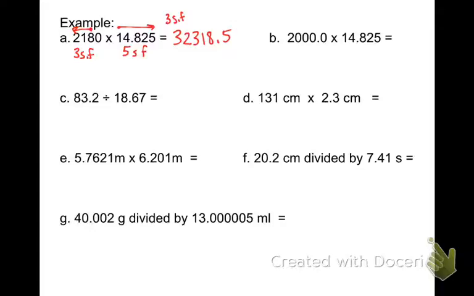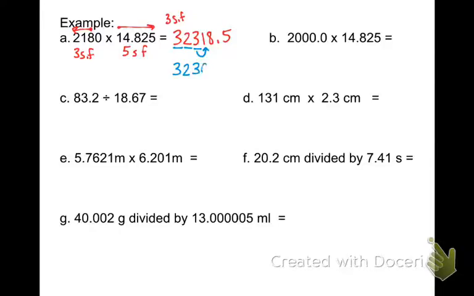So you want to make sure that you are maintaining those placeholders. Okay. So we count out our significant figures that we want in our answer. We want 1, 2, 3. So we take a look behind that value. We see if we should do any rounding. If we should round up. Nope, we shouldn't round up.